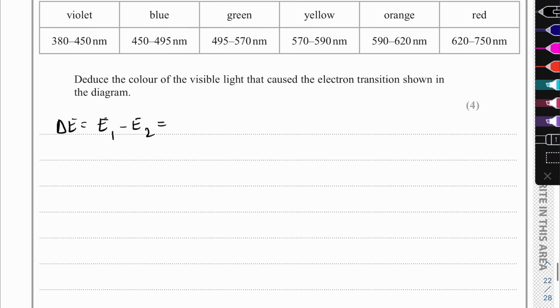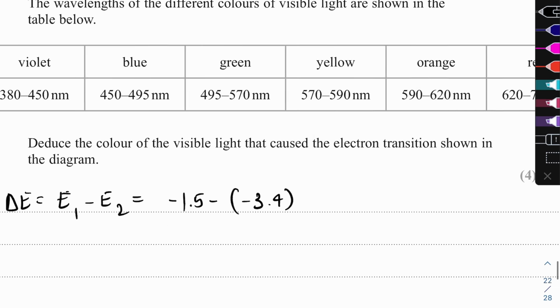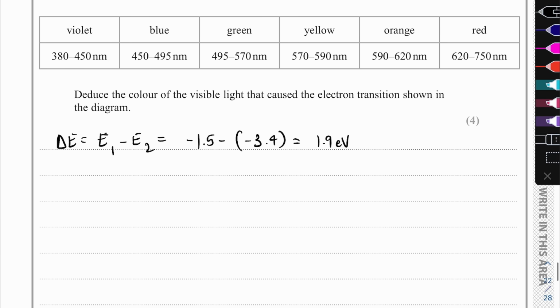So E1 is minus 1.5, so minus 1.5, take away minus 3.4, and this gives us 1.9 electron volts. Because we can't work with electron volts, we have to now change it to 1.9 multiplied by 1.6 times 10 to the power of negative 19. So this gives us 3.04 times 10 to the power of negative 19, and this is in joules.